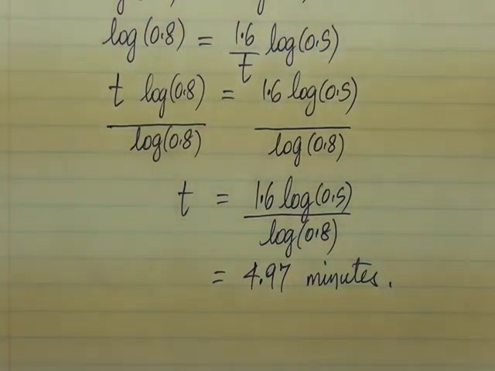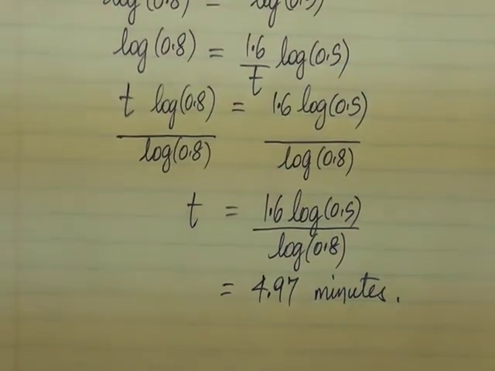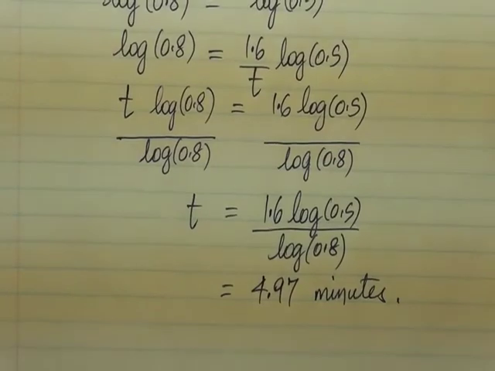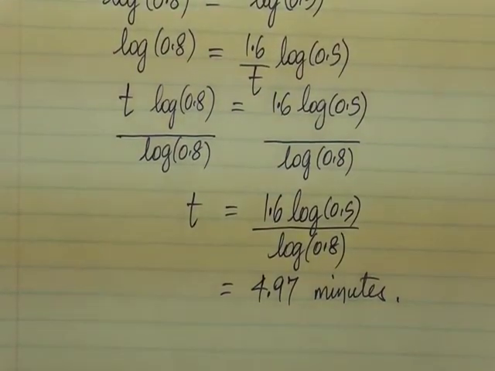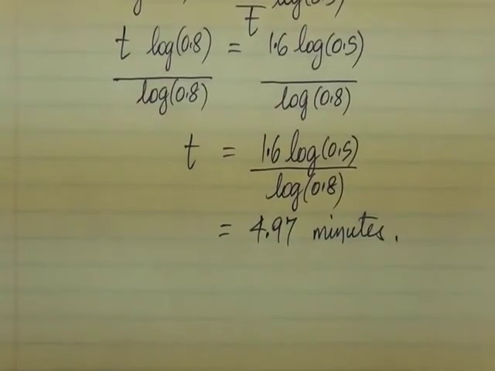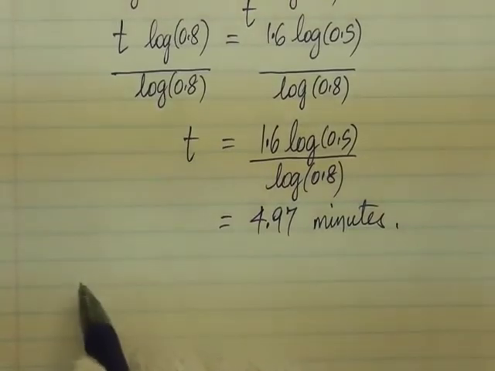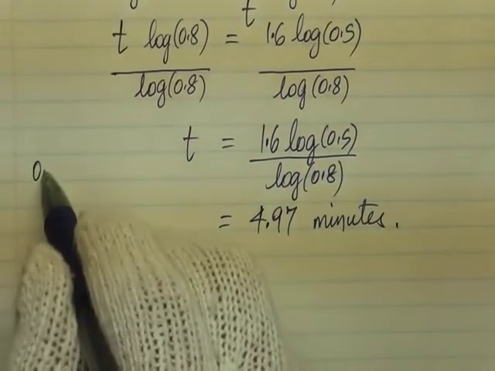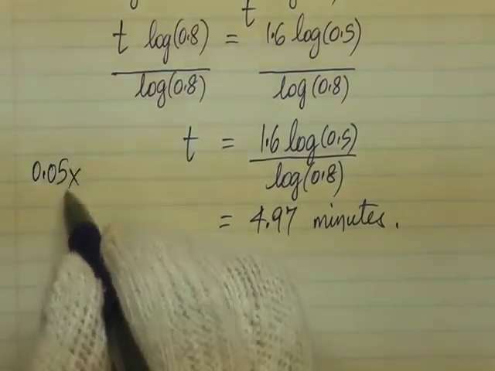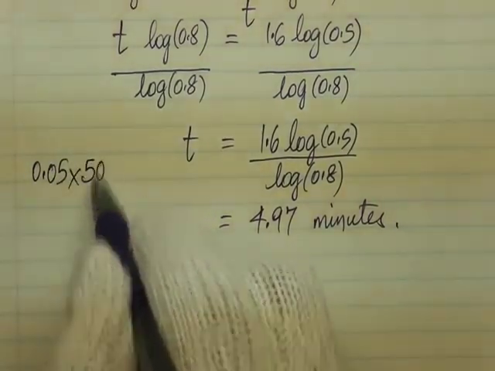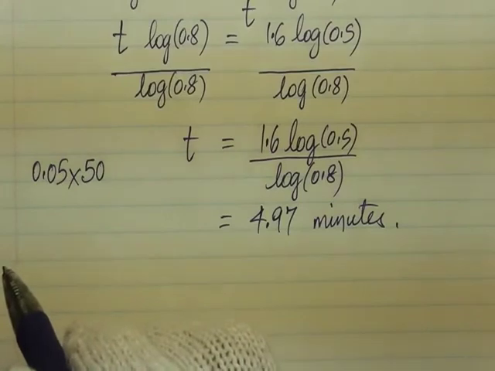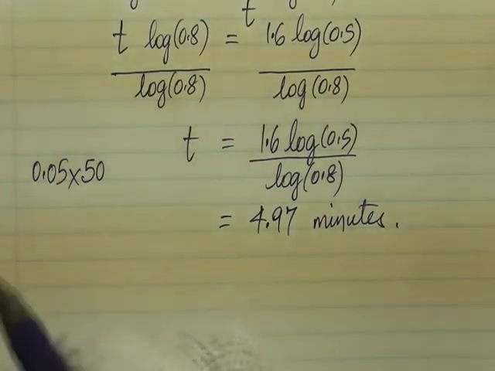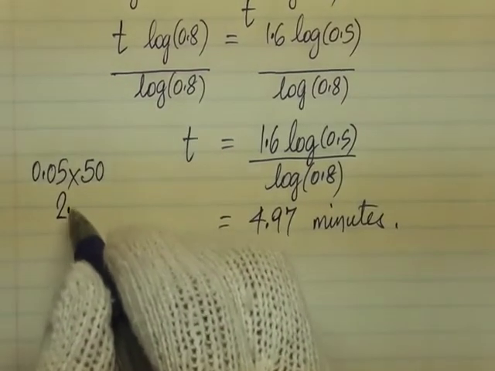How long will it take for the sample to decay to 5% of its initial amount? Alright. So 5% of its initial amount, which was 50, is 2.5 grams.